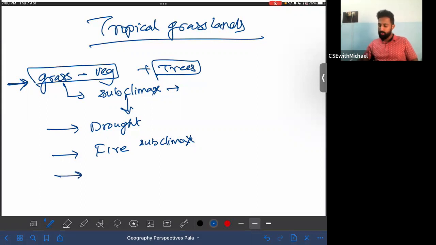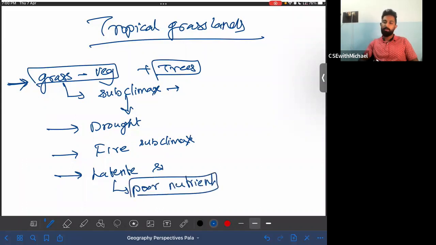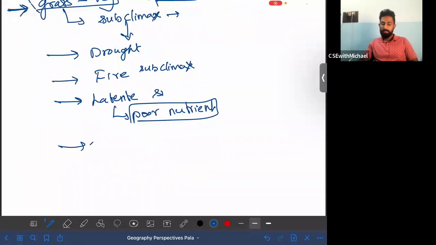Similarly, there is laterite subclimax, where laterite is basically poor nutrient soil, very poor in nutrients. Again, that prevents plants from growing. And there's also this grazing subclimax. Grazing, because of these two factors, is dominated by grass.